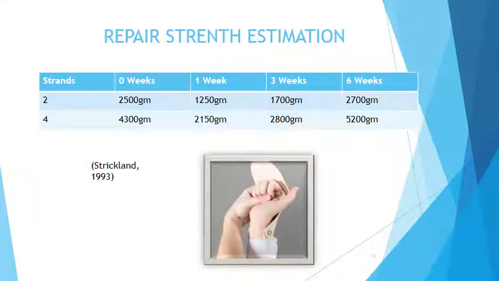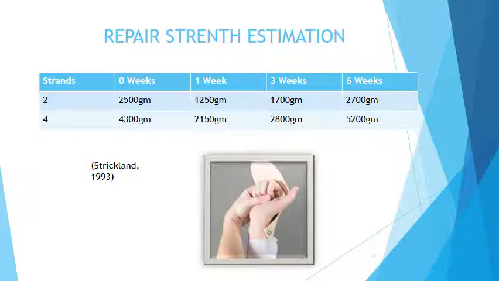So how much force can a repair actually take? Strickland did some fascinating research, which he published in 1993, where he indicated that a two-strand repair at 0 weeks can take 2,500 grams of force without tearing the tendon.